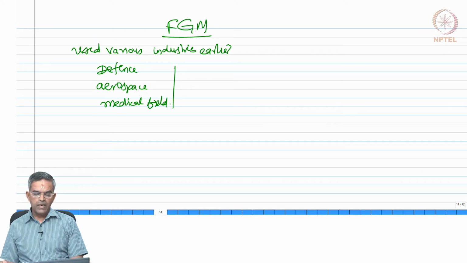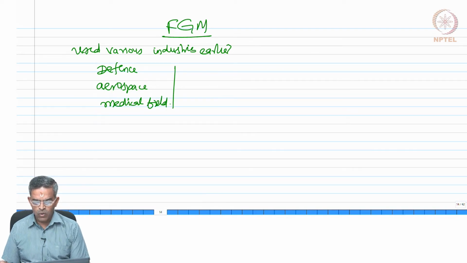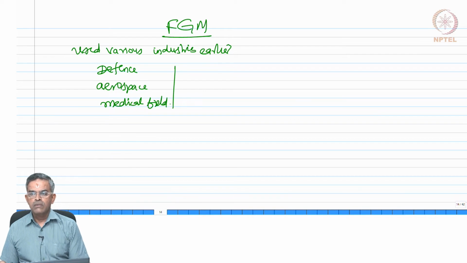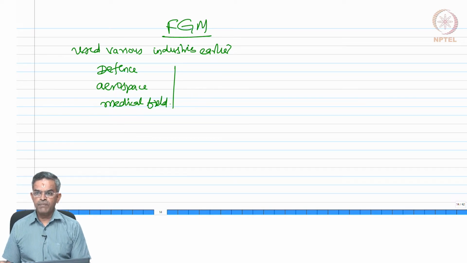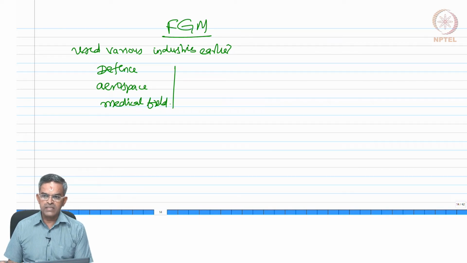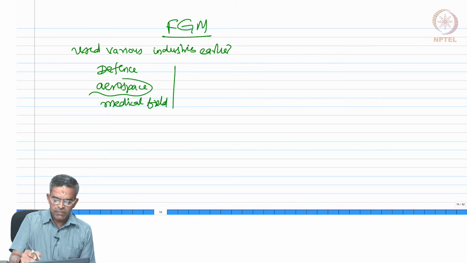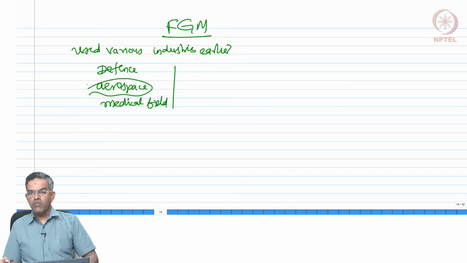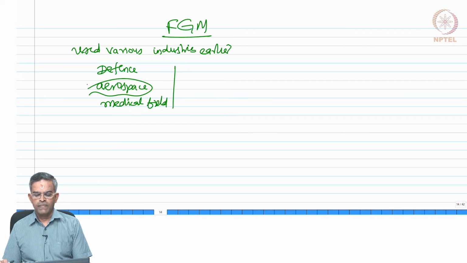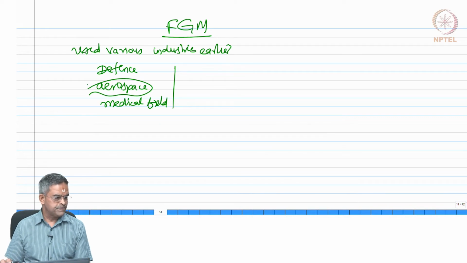But you will obviously see the functional requirements of this material for different applications are different. In the medical field, people do not look for corrosion resistance, people look for durability. In defense applications, people look for strength. In aerospace, people look for strength to low weight ratio, that is largest strength at lowest weight. We are looking for the buoyant materials. So, the functional requirements of these applications are different, but people have been using this in these industries much earlier.